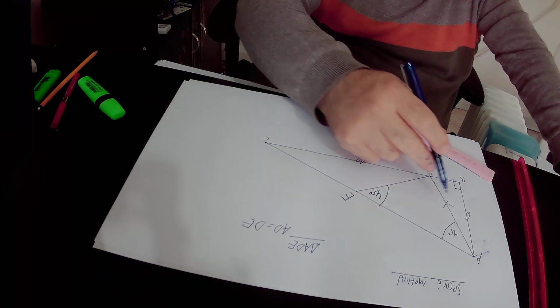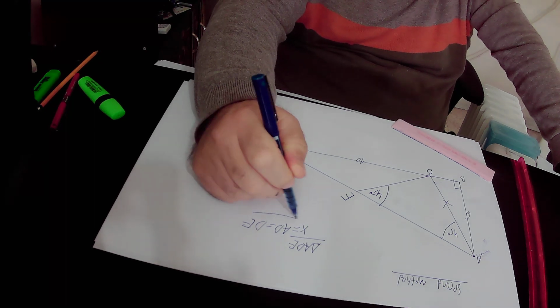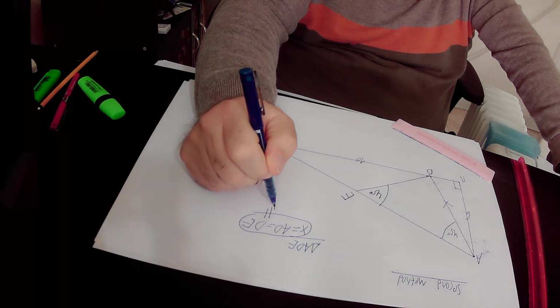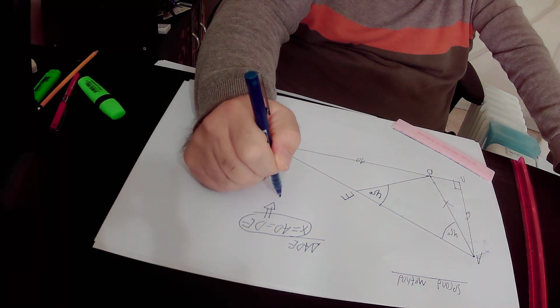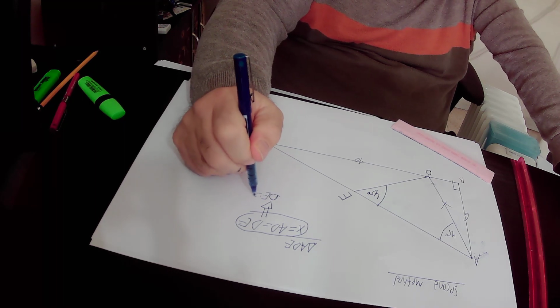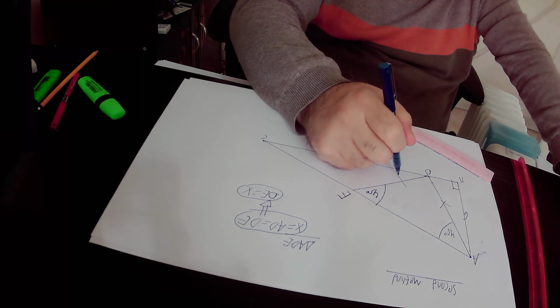But AD equals X according to what is given in the question. So from this equation, X equals AD equals DE, we derive that DE is also equal to X. So we can write here that DE equals X.